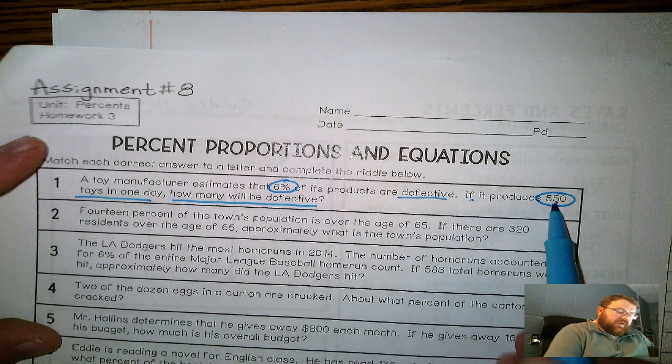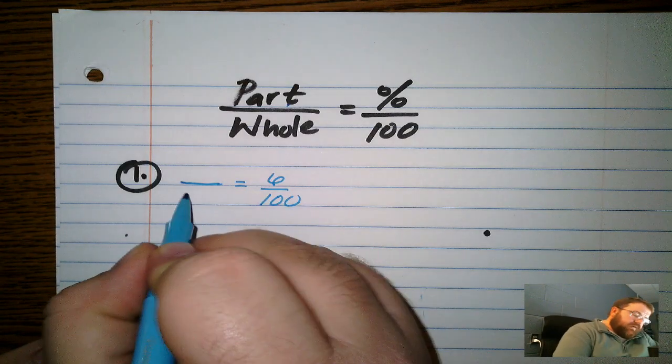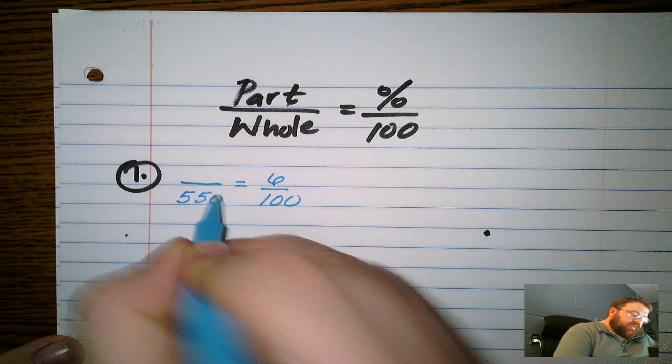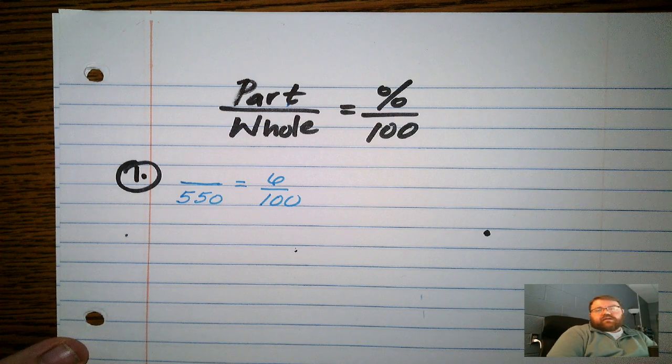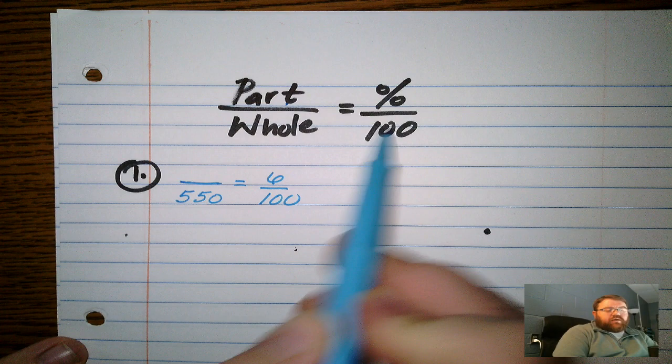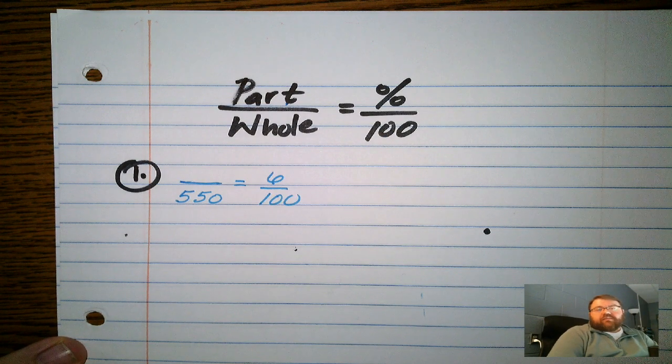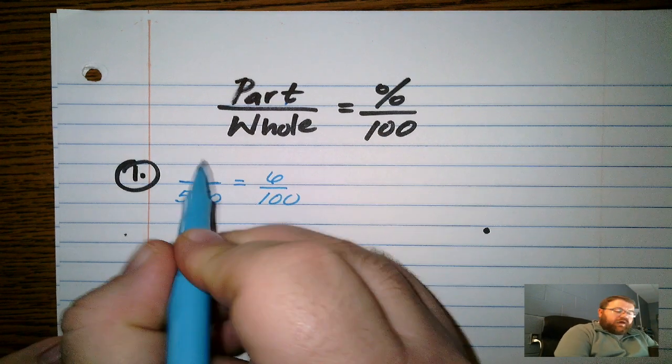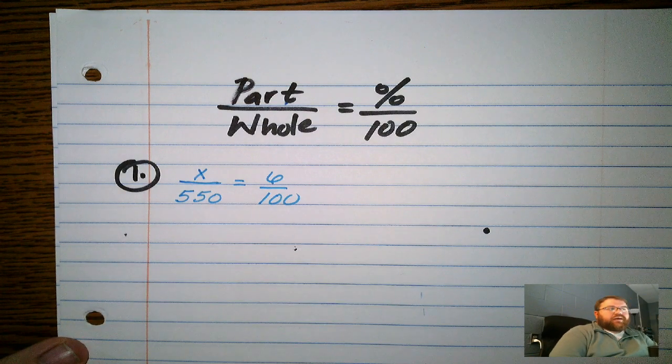If they produce 550 toys in one day, that is the whole amount that they produced in a day. Now, of these 4, there will always be one that I'm missing, and I just simply put a variable x there.